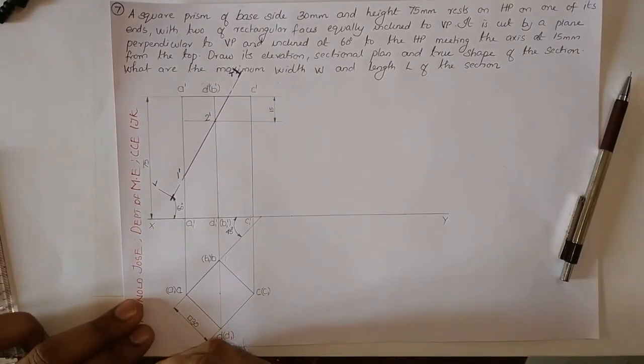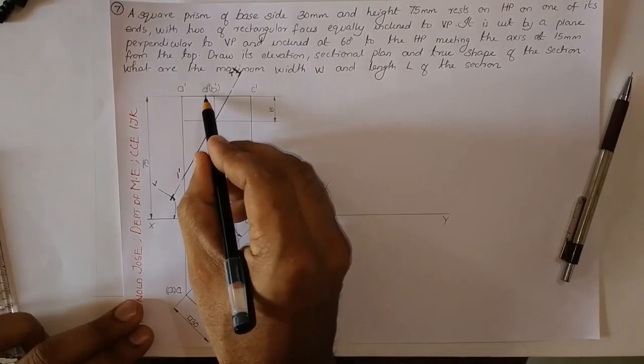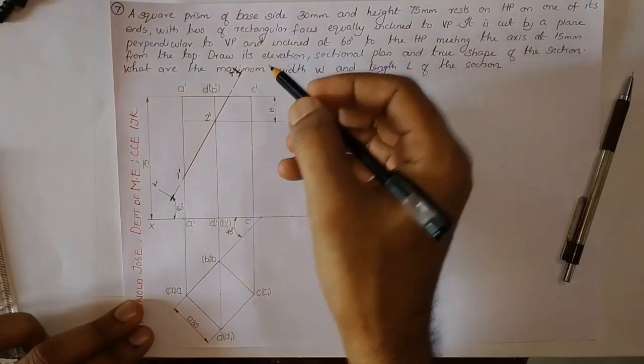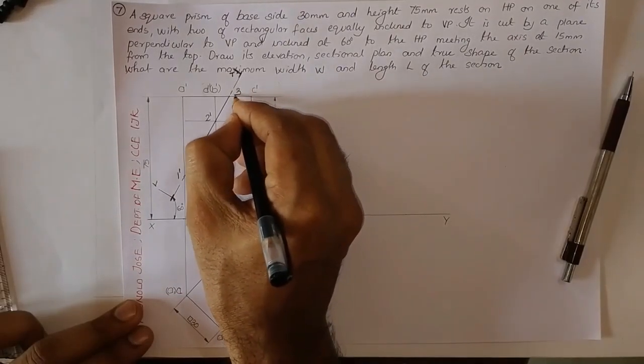Initially we are marking only the visible meeting points. Later on we shall mark the invisible meeting points. So here we are having an edge. The name of this visible edge is D dash C dash. B dash C dash is on the other side. So here we are having a visible meeting point. Let us mark it as 3 dash.